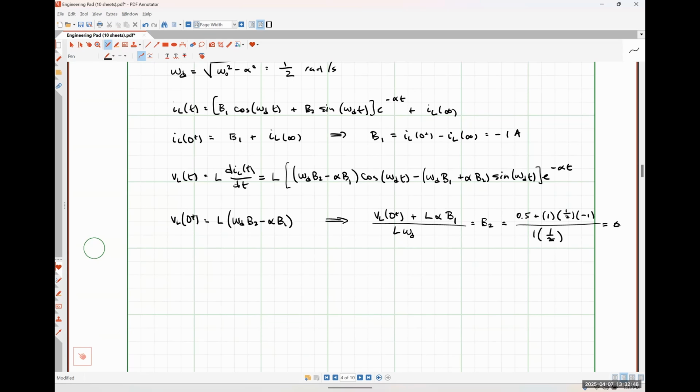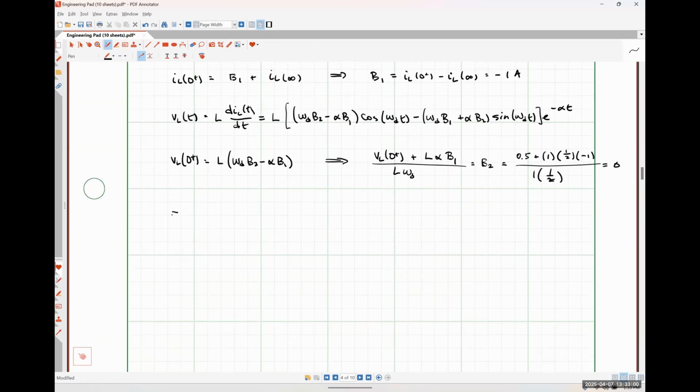I believe this comes out to be 0. And from this, we get B2 is 2, because omega d came out to be 1/2.